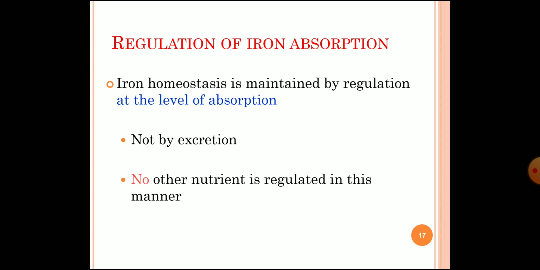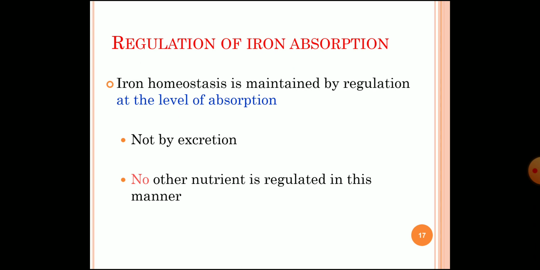In iron, homeostasis is maintained by regulation at the level of absorption. That is a very important point. Usually regulation occurs at the level of metabolism or at the level of excretion, but for iron, the level of iron in the blood is maintained at the level of absorption, that is by the mucosal block theory.